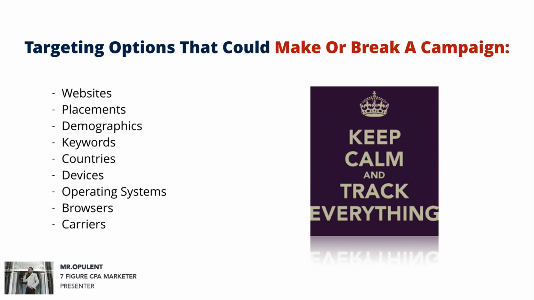So let's say, for example, you might have a campaign that might work well, and this happens a lot of the time when you're targeting mobile, where you might have a campaign where iPhone converts very, very well for you, but for example Android might not, or even vice versa, where Android might convert well for you in your offer but iPhone may not. Even browsers, so you might find that specific browsers, for example Internet Explorer, might not convert well for you, but Google Chrome might do very, very well. Okay, or maybe Firefox does very, very well, but for example, Opera might do very, very bad. Okay, so you want to make sure that you also test browsers and you look into your browsers.